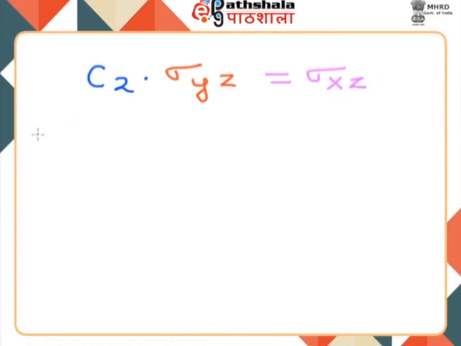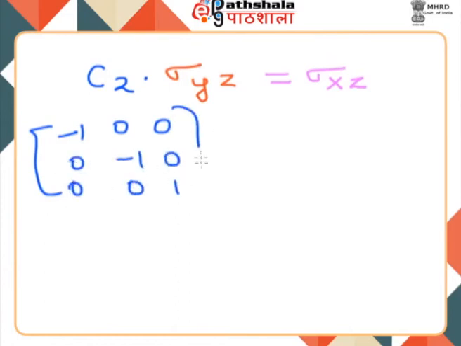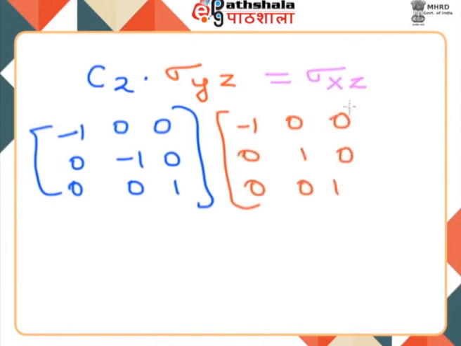So C2 is this matrix, and sigma yz is this one, and the resulting, that is after having these two operations, it will be the product of these two matrices.